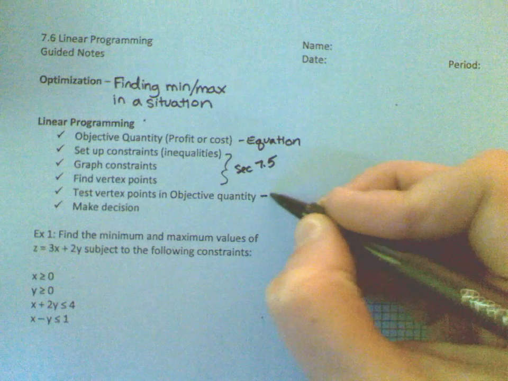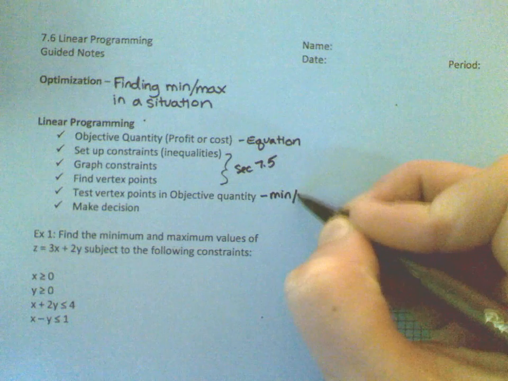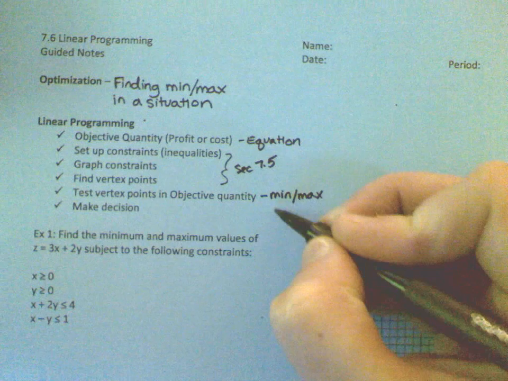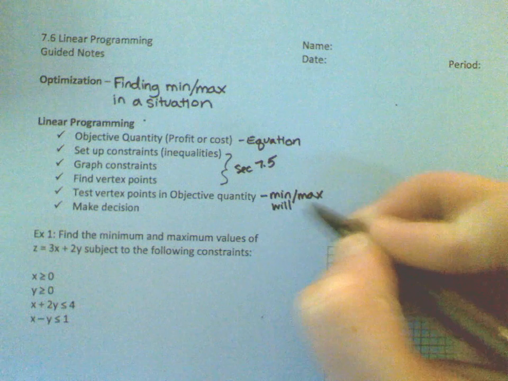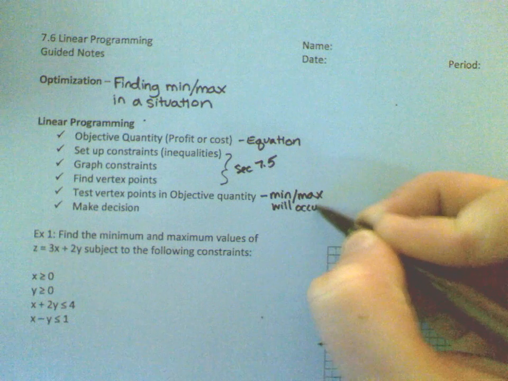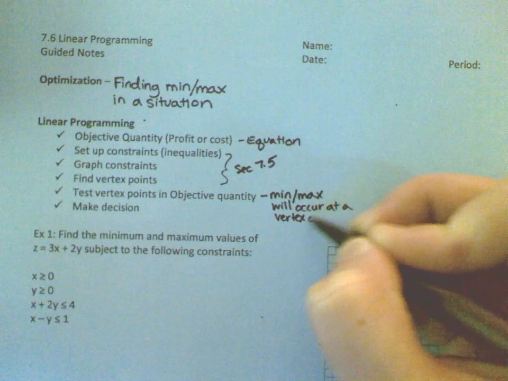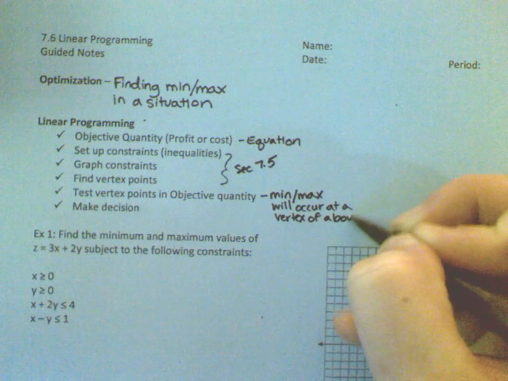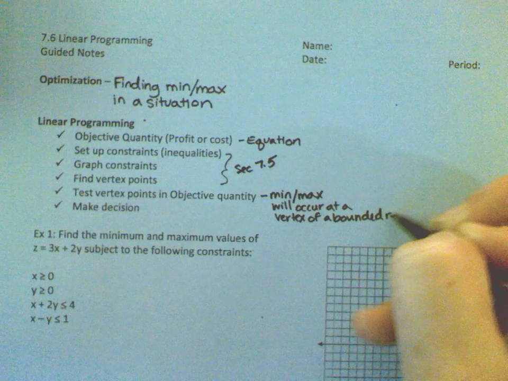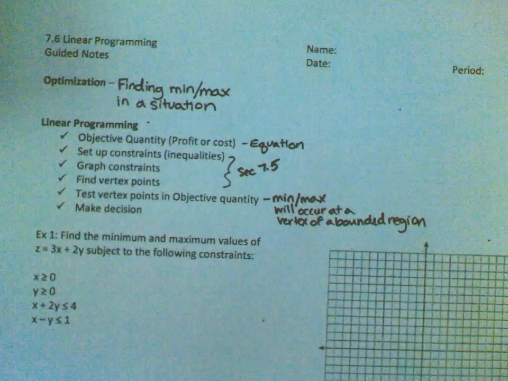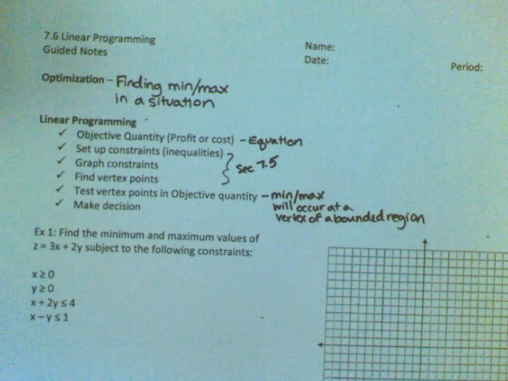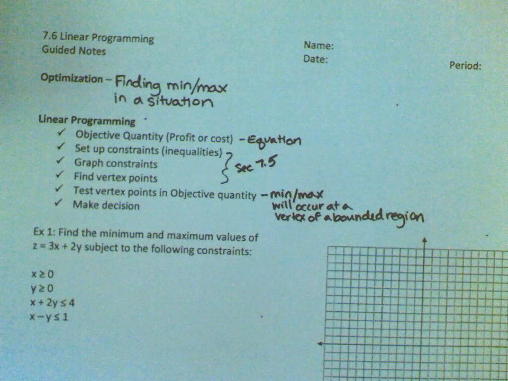So we are guaranteed in linear programming that the min or max will occur at a vertex of a bounded region.